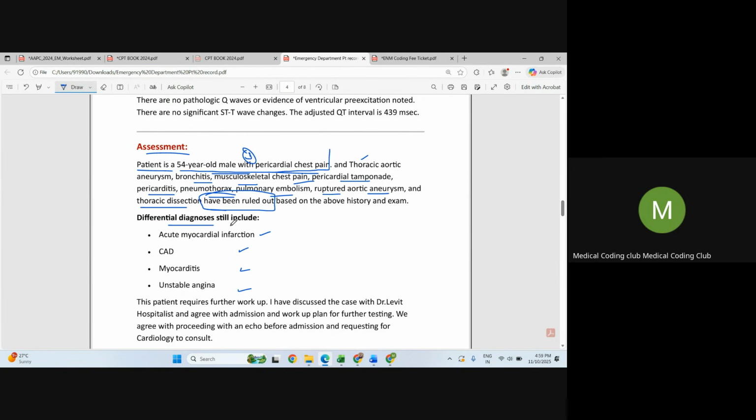under differential diagnosis. You can see acute myocardial infarction, coronary artery disease, myocarditis, unstable angina. All of these are clinically high risk. The physician is highlighting that this patient's problem, the pericardial chest pain, could lead to these; they have documented the uncertainty here.